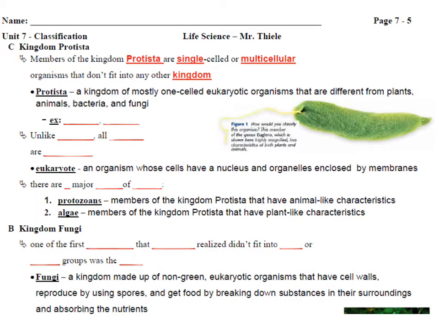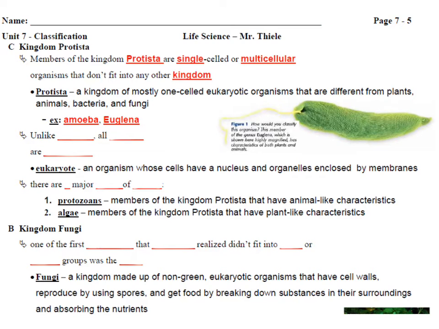Kingdom Protista is a kingdom of mostly single-celled eukaryotic organisms that are different from plants, animals, bacteria, and fungi. Mostly we're talking about single-celled organisms, although there are some significant multicellular organisms in the kingdom Protista. Examples are amoeba and euglena.